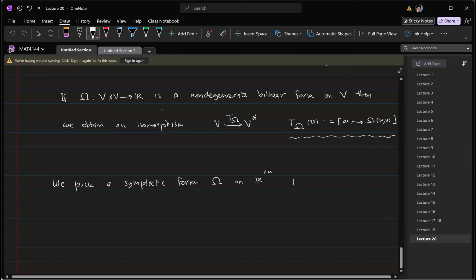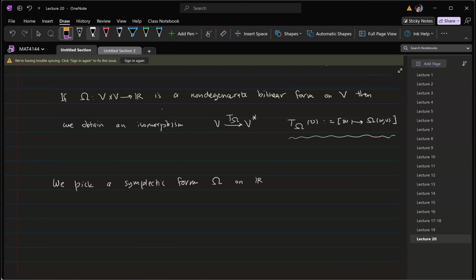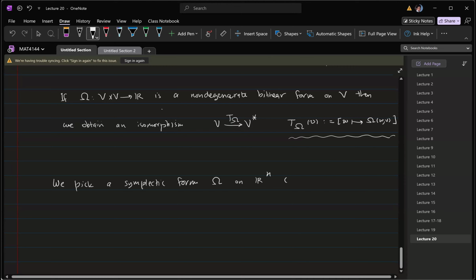Okay, so this means that we assume, maybe I should first pick n, and note that this implies that n is even. We do not have a non-degenerate bilinear form on an odd-dimensional vector space.